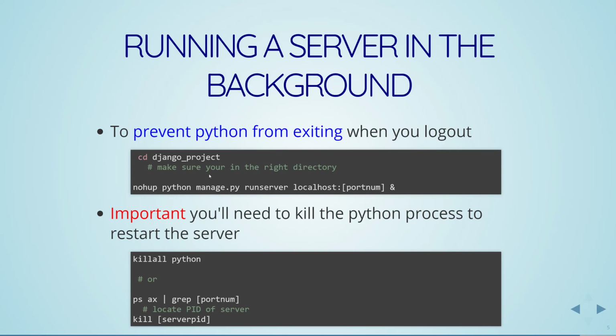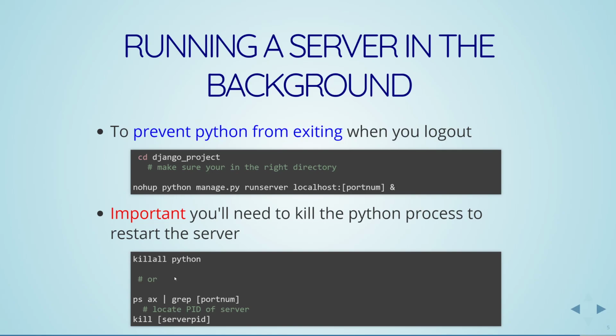To do this, you will do nohup, then the standard way to run the server, and then an ampersand at the end. This way it'll run in the background. When you exit, it might actually complain the first time you exit, but if you just try to exit again, you'll exit and it'll still be running in the background.